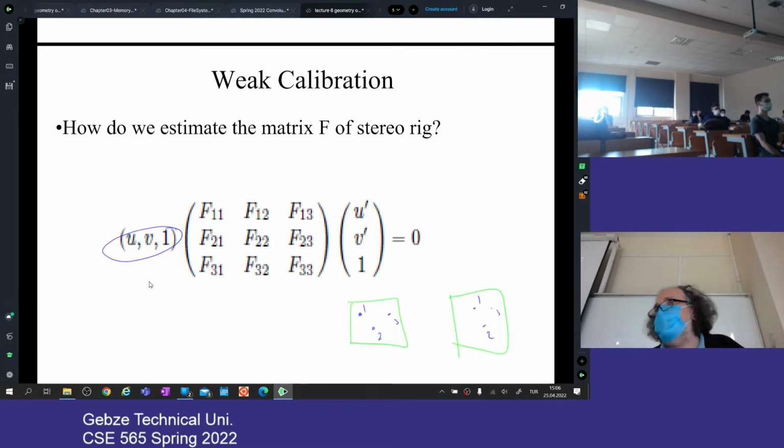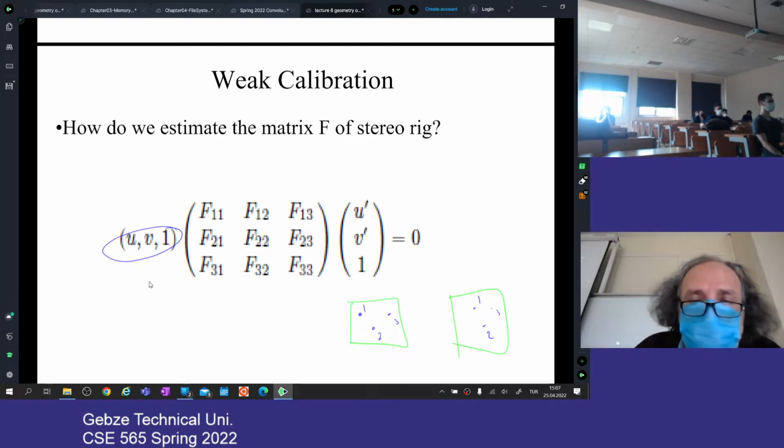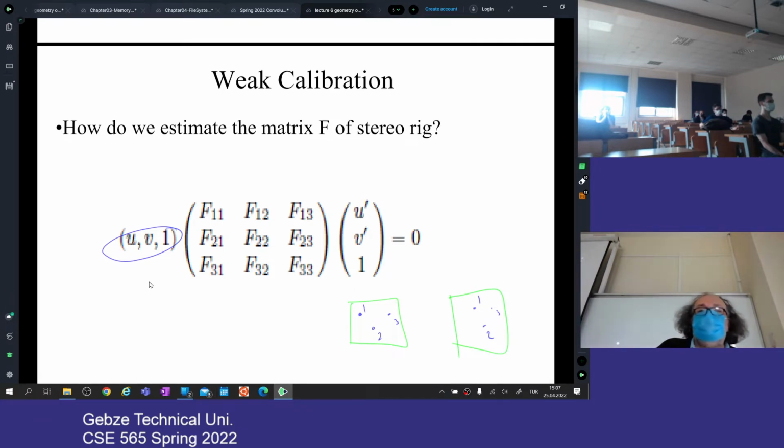So if I have enough correspondences between these two images, then I can calculate this F11 to F33. And that's how I can calculate this fundamental matrix F.